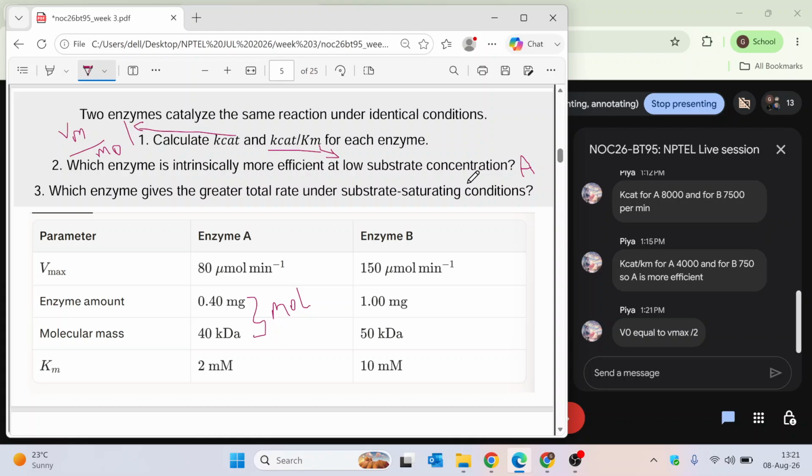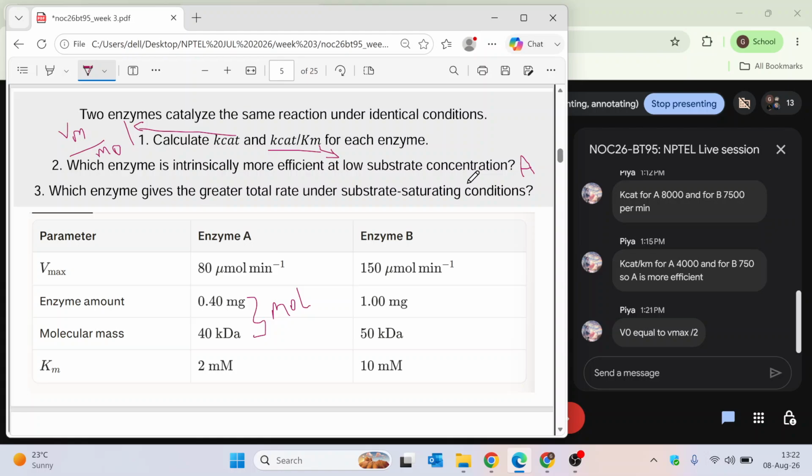Exactly. When your substrate is in excess, the rate of the reaction is going to be your maximum rate of reaction. And directly you can compare from the table that the maximum rate of reaction for B is greater. So enzyme B gives the greater total rate under substrate saturating conditions.